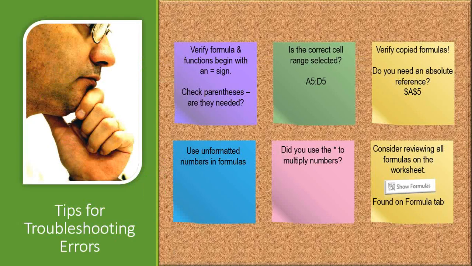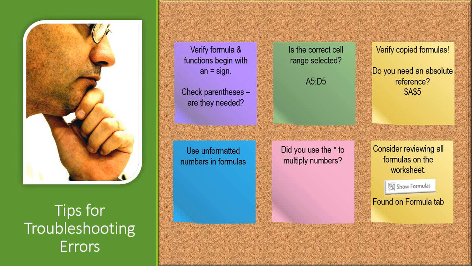Other troubleshooting tips. You always want to make sure you verify your formula and functions begin with an equal sign. So check your parentheses. Make sure you have them in the right place. They may be needed. Also check your cell ranges. So maybe I have A5 through D5 selected, but I really needed to have it through F5. So double check those things. Verify your copied formulas.